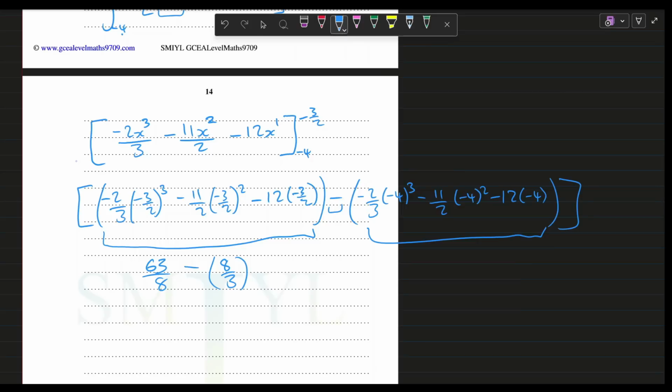So our area is therefore going to be equal to 63/8 minus 8/3, and this gives us 125/24, and that is our final answer.